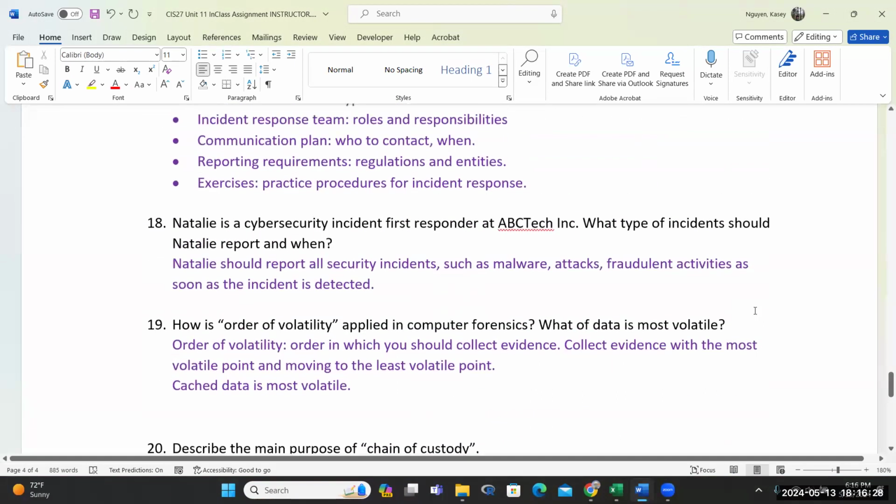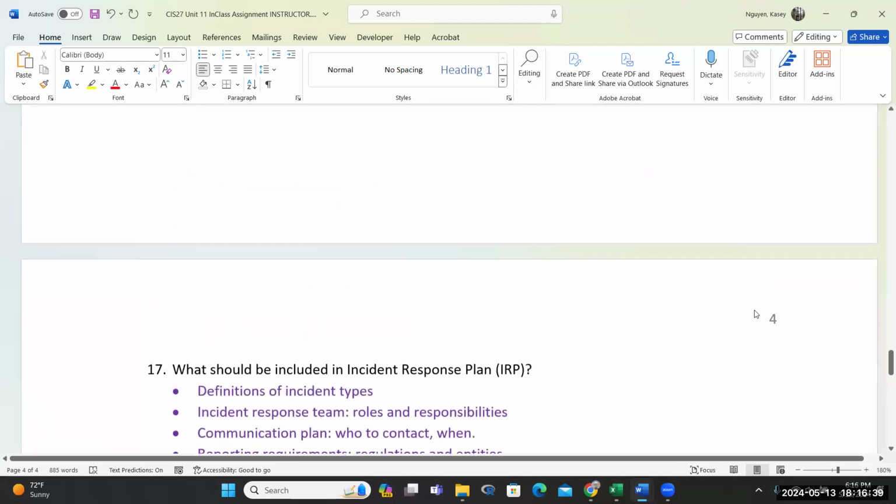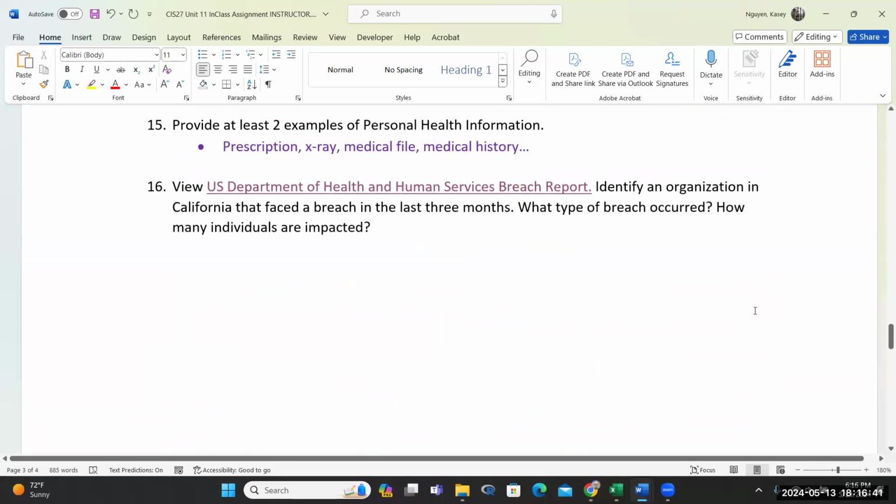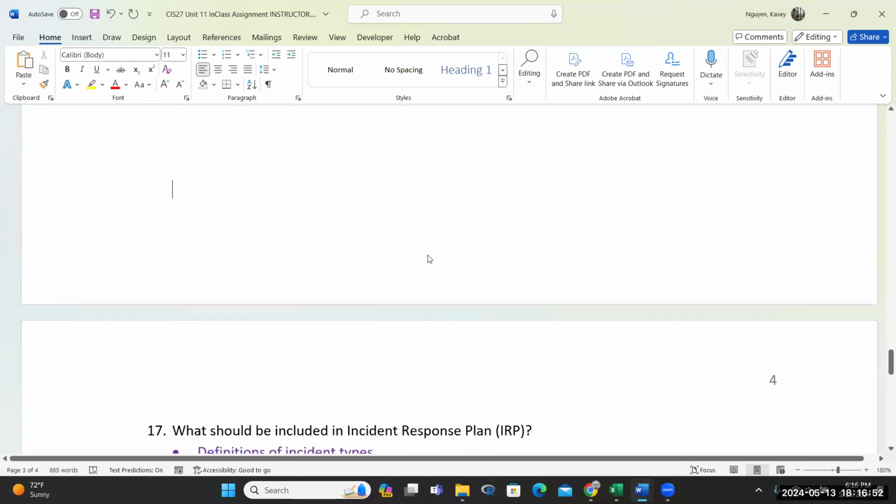There we go. What was the answer for number 16 or 17? For 16, you need to look at the page and find the one that says CA and read that row. And you'll be able to type out your answer. Yep.